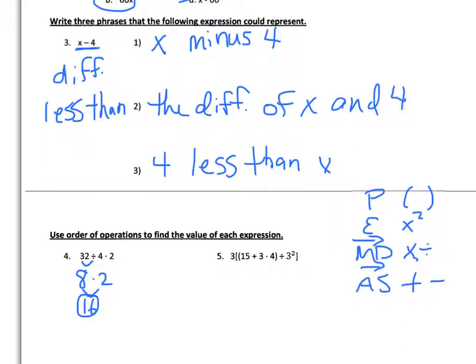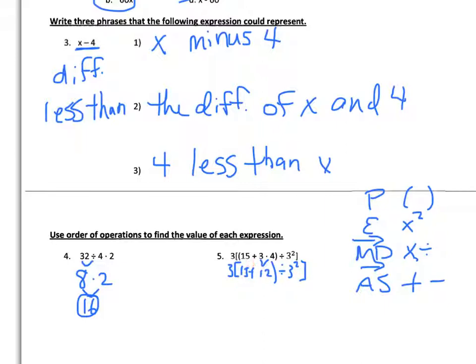So let's do that. 3 times 4 is 12. We're going to bring down all of the rest of it. 15 plus 12. And then we're going to close it. Okay, again, I'm going to stick with my parenthesis here.